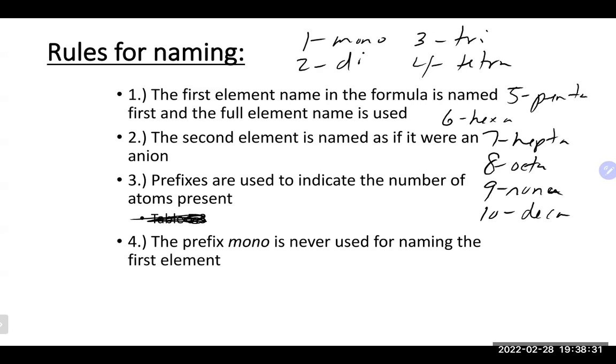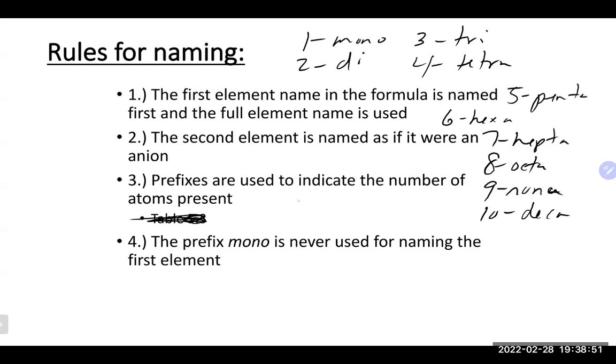There are a few rules that occur with these prefixes. The first major rule is we never use mono on the first name, but we can use it on the second name. So we never use the prefix mono on the first name, but it's perfectly fine to use it on the second name.